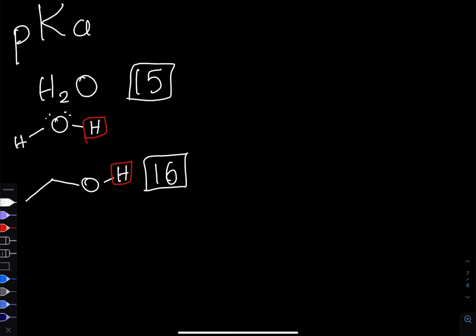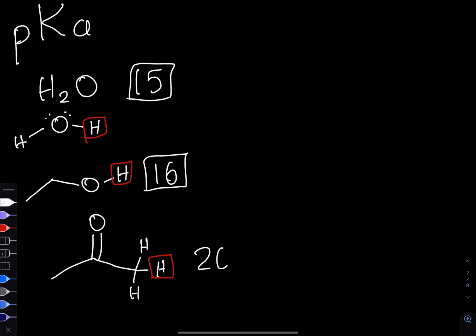And then we can have a ketone, and then the hydrogen, so this carbon here has really 3 hydrogens, but the pKa of any of them would be around 20. So if it loses this hydrogen, this oxygen can resonance with it.